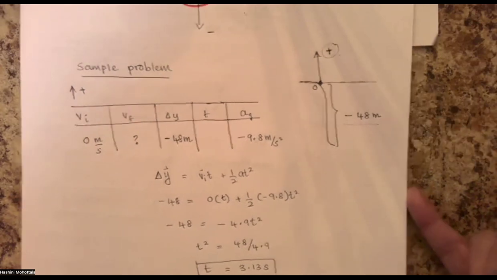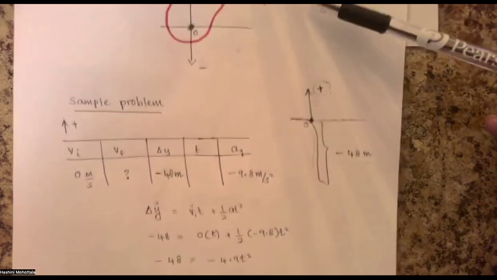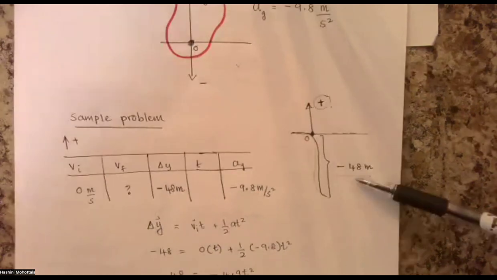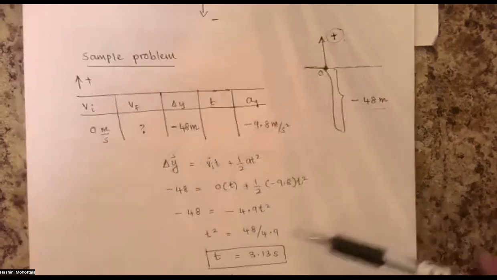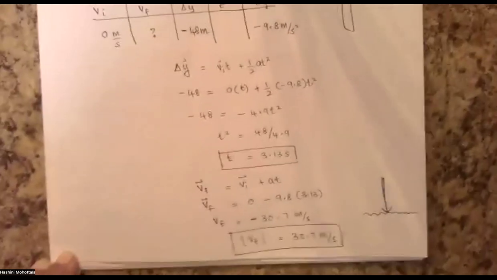Say that someone is taking down as their positive direction, that would give them positive 9.8 as their acceleration. And then this value also will become positive 48 for that person. And they also will end up with the same value for the time as 3.13.